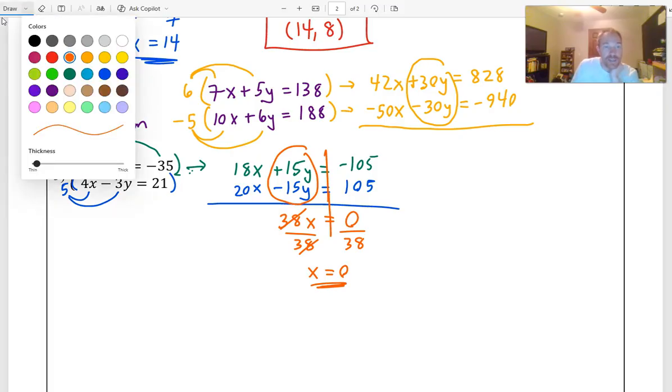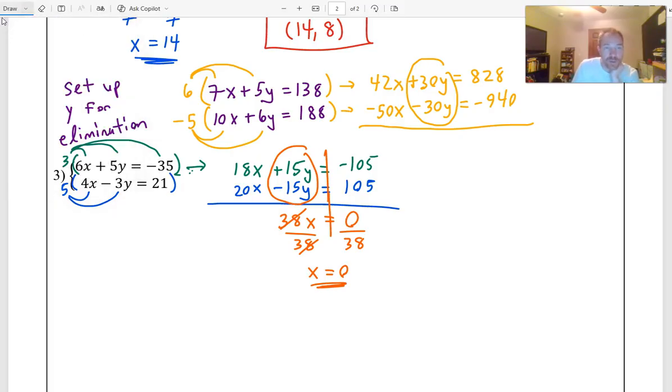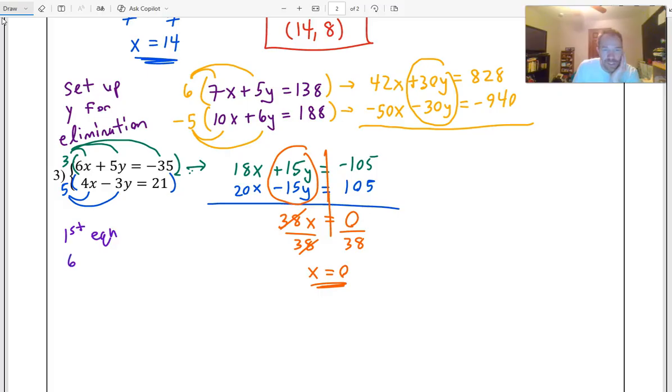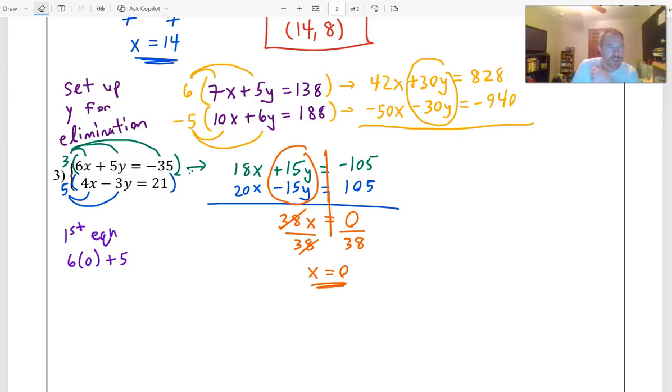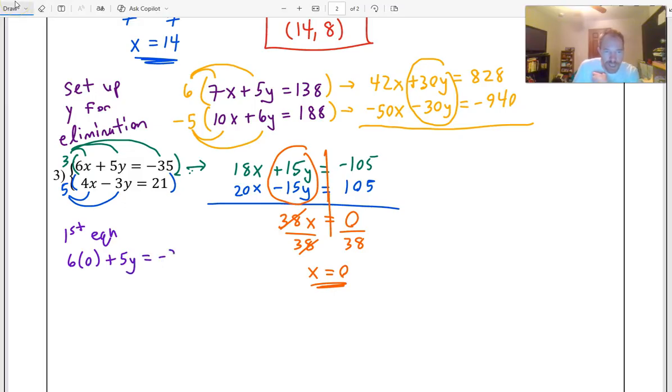Now I'm going to go back to the original equations. I'm going to use, let's see here, the original first equation, which doesn't have any negative coefficients. So the first equation: 6 times 0 for x plus 5y equals negative 35. This is nice because 6 times 0 is 0. If you want to, you can say let's subtract 0.